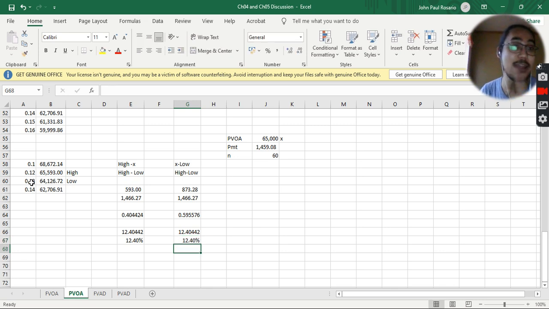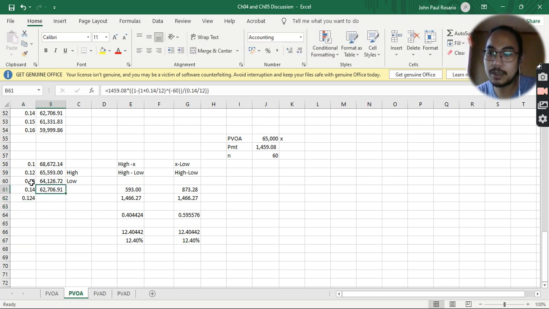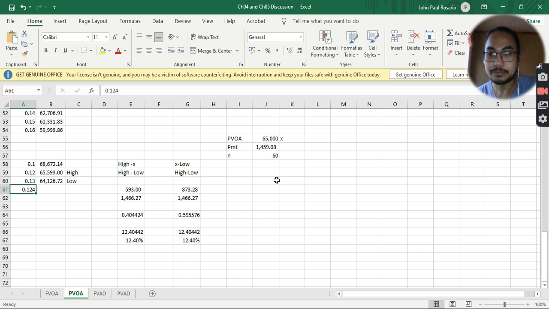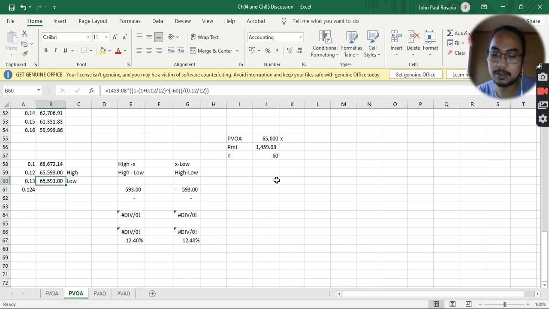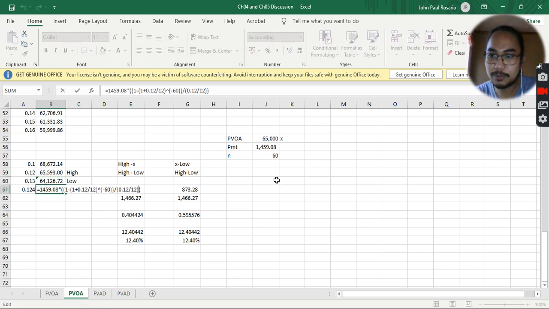Do we stop there? Again, we don't stop there. Next, we have to try it out. We have to try 12.40% to see if it will give us the value that we're looking for. So 0.1240. Here, we will just copy this. At 12.40, what will we have?